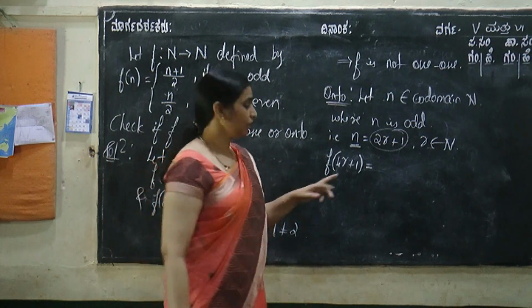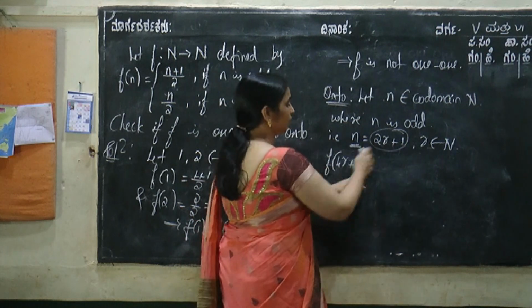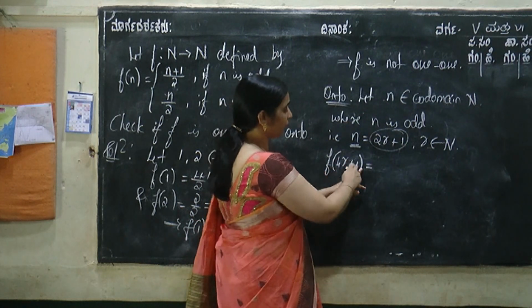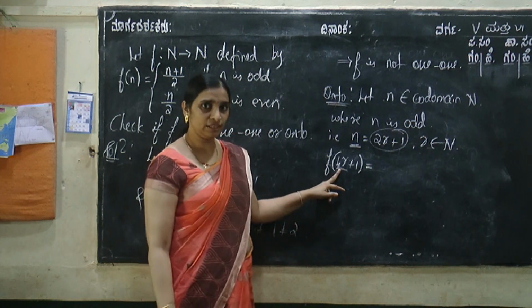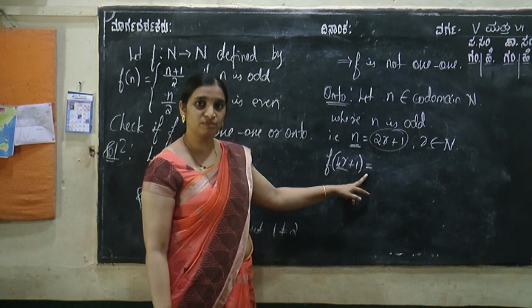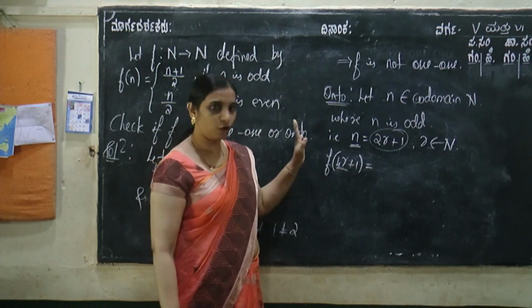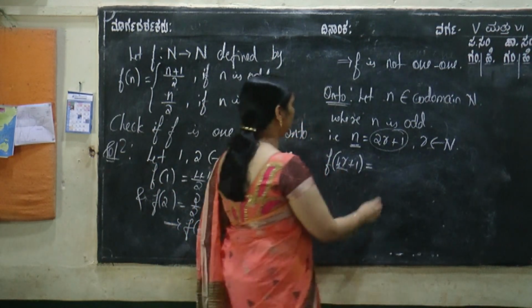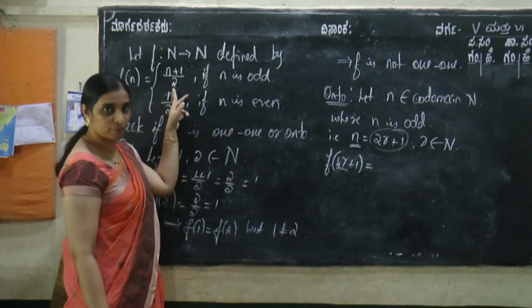So what happens here? n is equal to 2r plus 1, and here we are considering f of 4r plus 1. 4r is also a multiple of 2 only. So obviously 4r plus 1 is an odd number. So according to the definition, if n is odd, n plus 1 divided by 2.